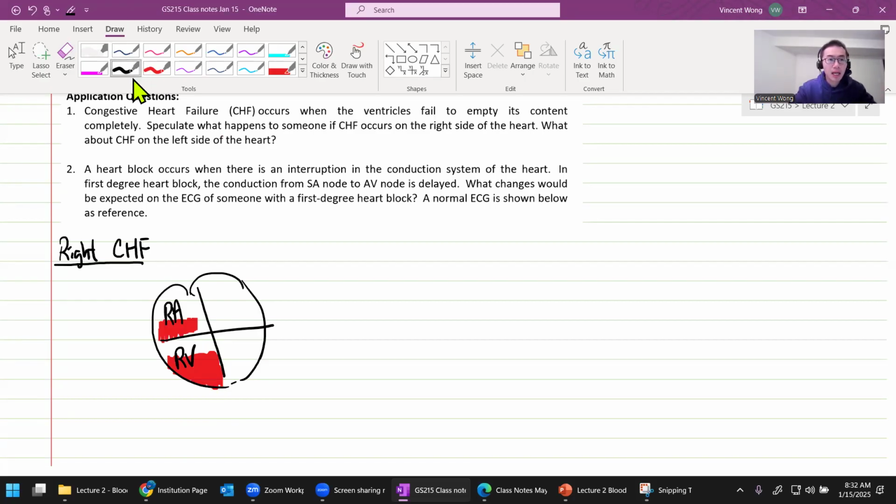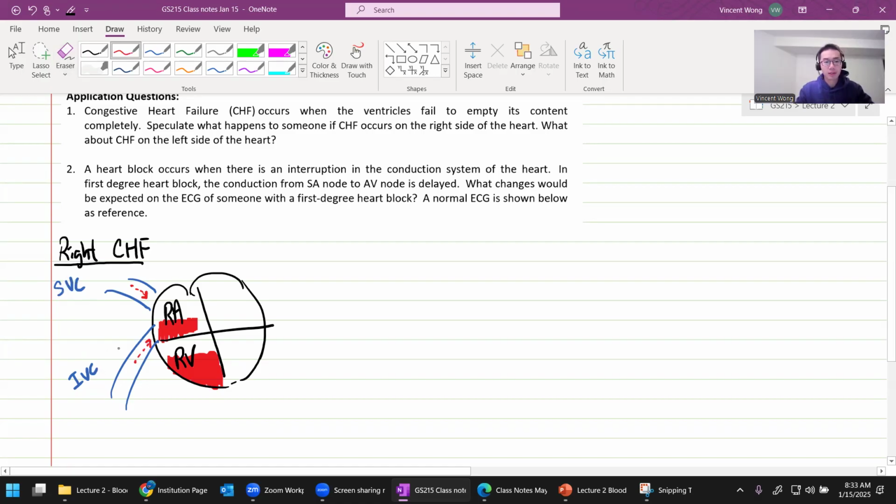And so, if we think about the vessels that are supplying the blood to the right atrium, which is, of course, the superior vena cava, as well as the inferior vena cava, now the right atrium is being blocked by this blood buildup, then you're going to have trouble emptying from the superior and inferior vena cava as well.